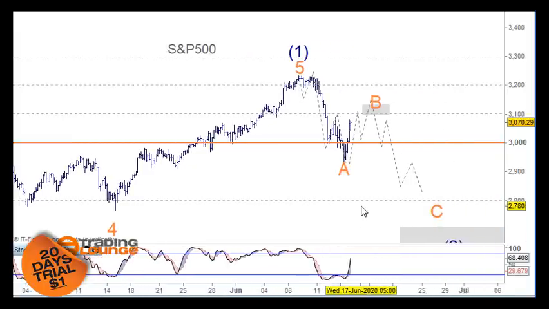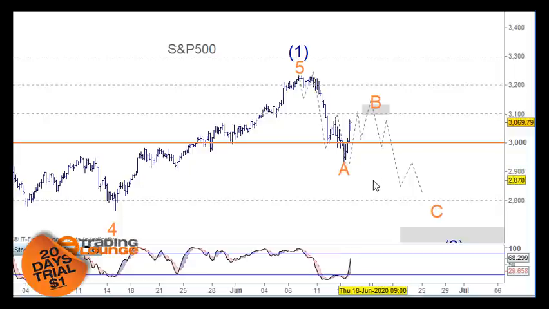Anyway, apart from that, we're looking for 5 waves down for wave A here, and then we're looking for an A, a B and a C wave to come into play here for wave B above the 3,100. So we need to go in and understand this. We'll also have a look at the Nasdaq and see how it's traveling.